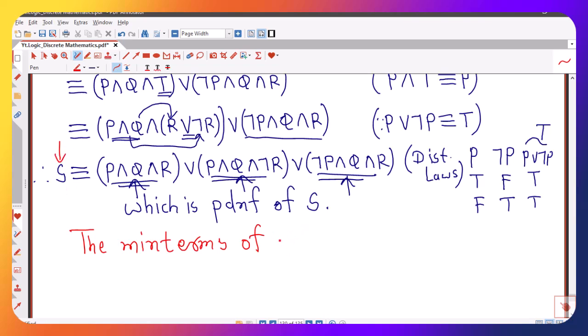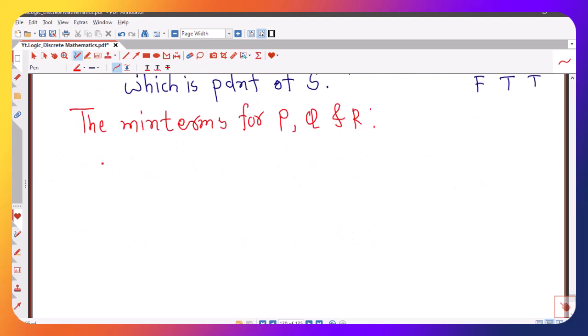So for that we can write down the min terms corresponding to 3 variables first, and then we will be able to decide the min terms which are not used in formula S. So the min terms for 3 variables P, Q and R. First we write down those min terms. First we can write for P and Q, these are the possibilities: P and Q, then P and negation Q, then negation P and Q, and negation P and negation Q, and R is missing here.